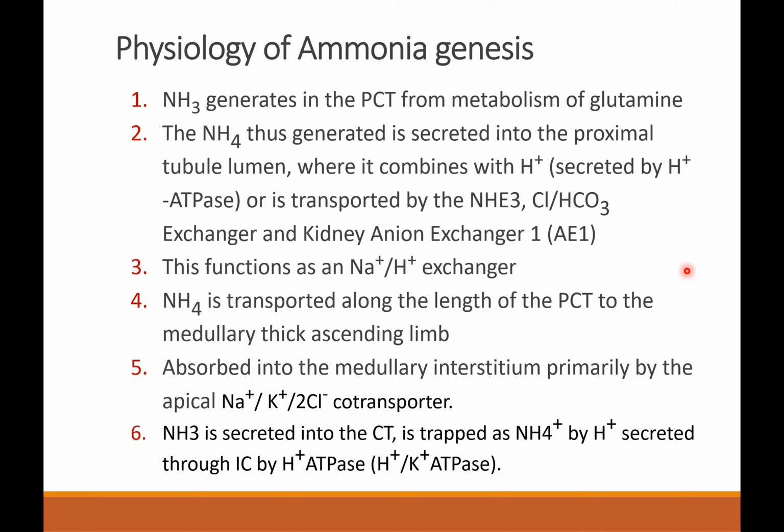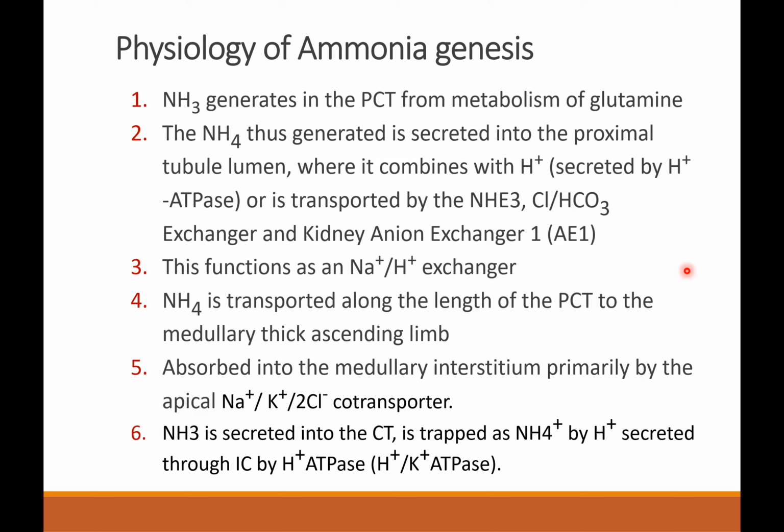NH4 is transported along the length of the PCT to the medullary thick ascending limb. It does not occur in only one area of the PCT, but along the entire length of the proximal convoluted tubule, and also gets into the medulla and ascends into the thick ascending limb. It is absorbed into the medullary interstitium primarily by the apical sodium, potassium and chloride transporter.